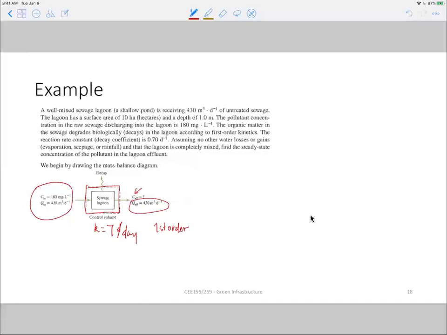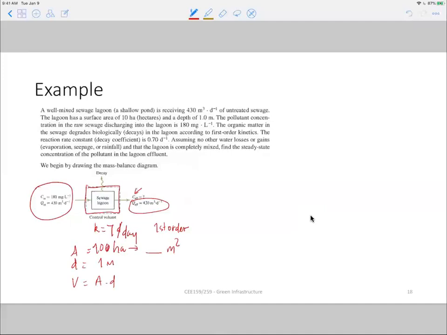The lagoon surface area is 10 hectare. Depth is 1 meter. So you can change to volume, which is area times depth. Just ensure that you convert hectare into meter square.